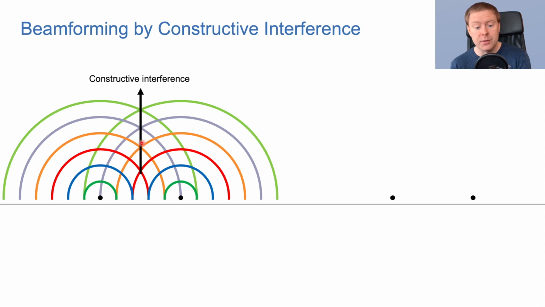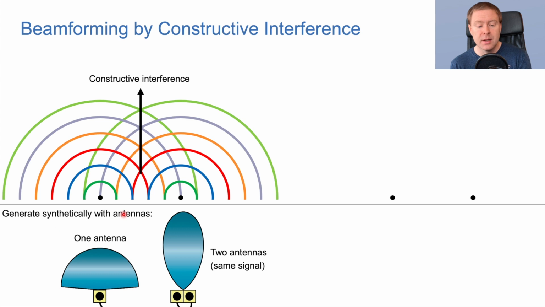You have two signals that are transmitted, they are the same, they are interfering with each other, but not in a bad way, in a positive manner, so that we are getting stronger signals in these directions. But that also means that there are other directions where we have destructive interference, where the two signals are cancelling out each other partially. So what is happening here is that we are generating this kind of constructive interference and focusing in a synthetic manner by taking two antennas.